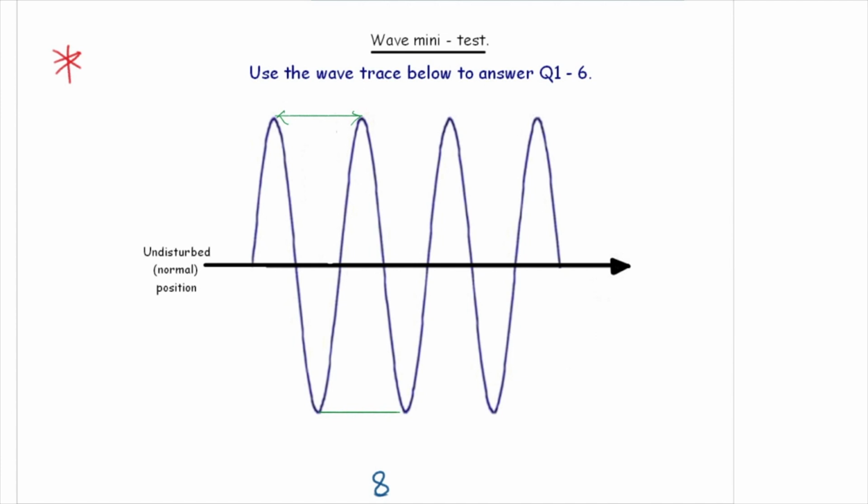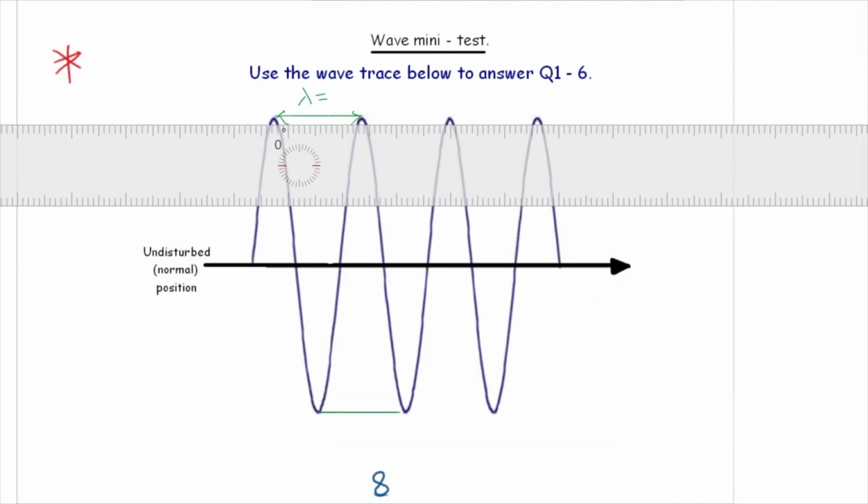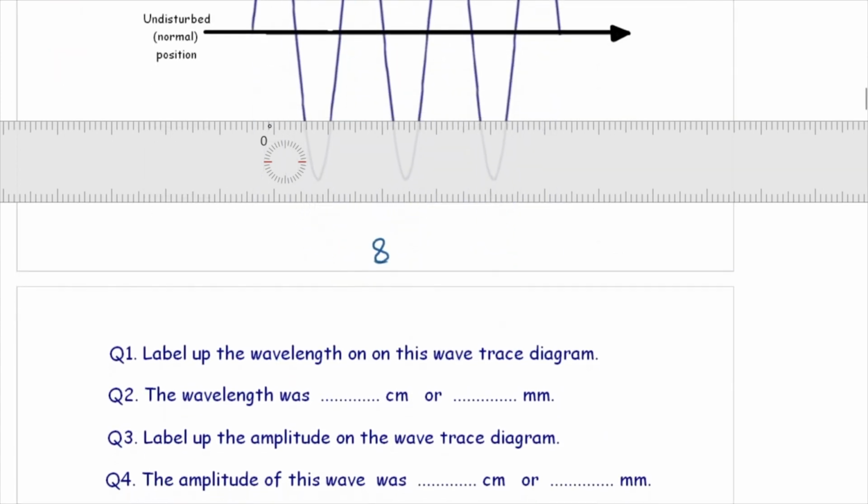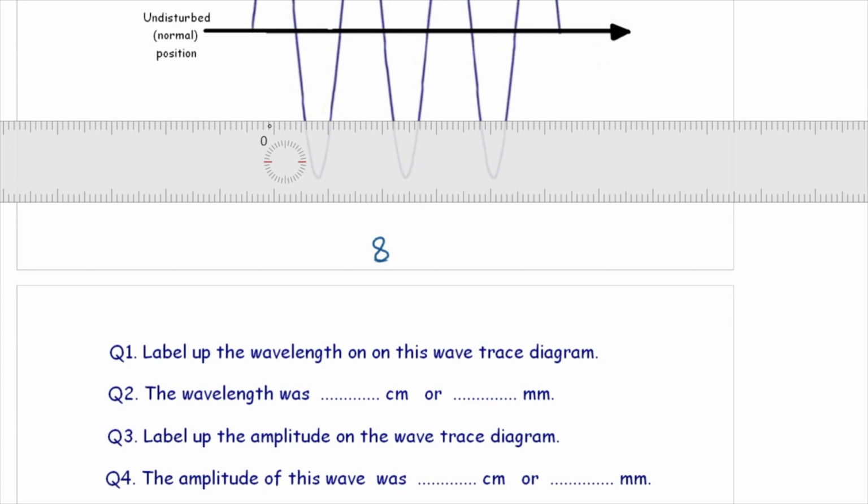So wavelength, I'm going to use the symbol lambda equals 1.6 centimeters. The wavelength was 1.6 centimeters or 16 millimeters.